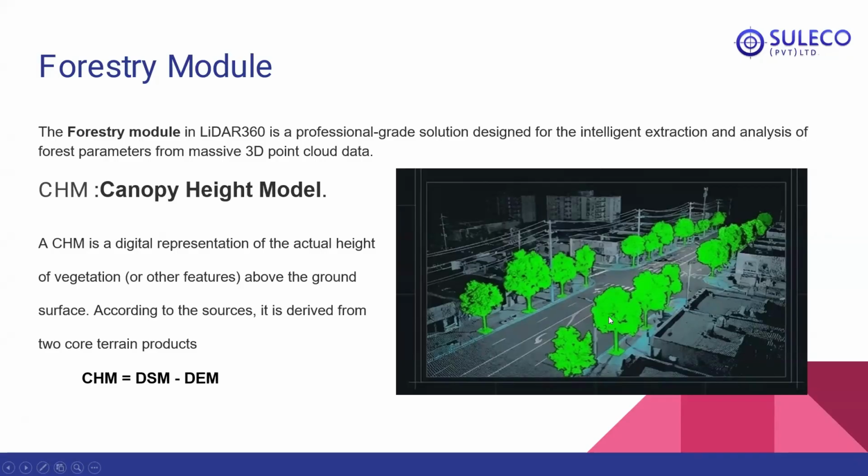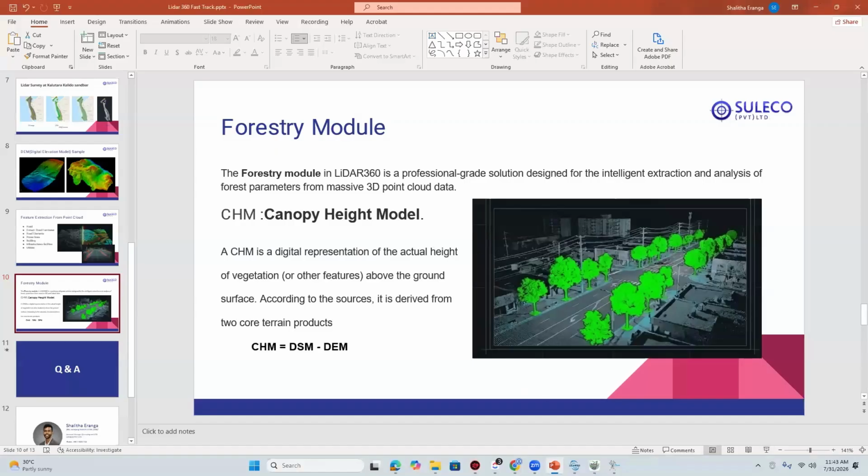We can do this with our own data sets, and also here we can create another model, a CHM, canopy height model. It's derived from the DSM minus DEM, and it's a representation of the actual height of the vegetation. And from this, we can calculate some metrics of biomass and all the other things.